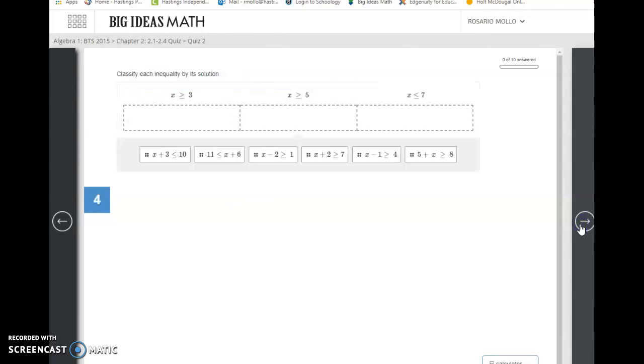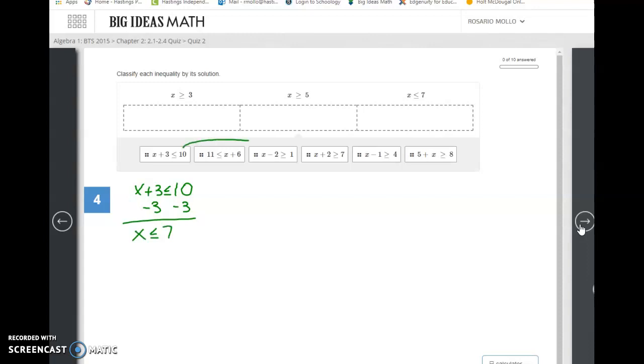All right, number 4. Here, it might take us a while, but we're going to write out all these inequalities and see which one ends up with those answers. So start with x plus 3 is less than 10. It's a plus 3, so I'm going to end up subtracting 3. I get x is less than or equal to 10 minus 3, which is 7.